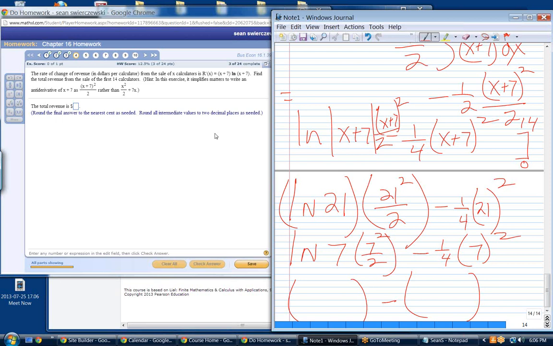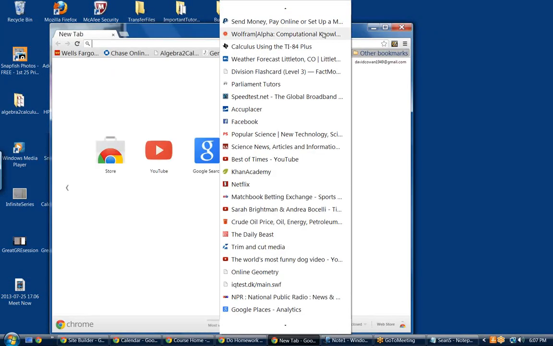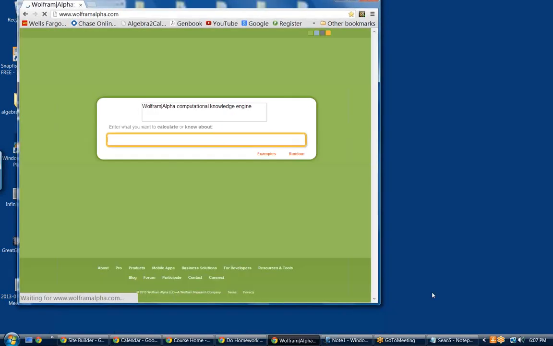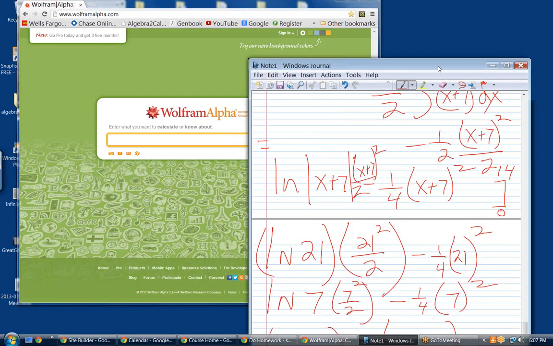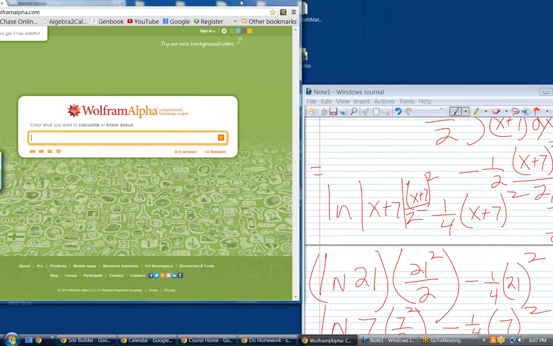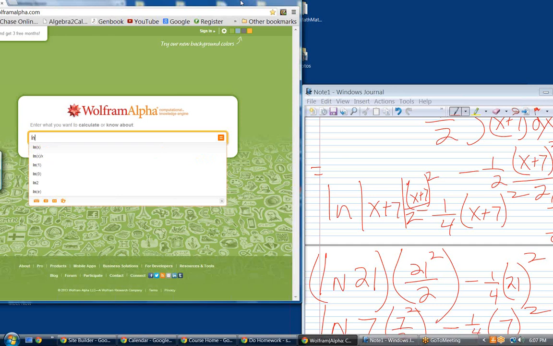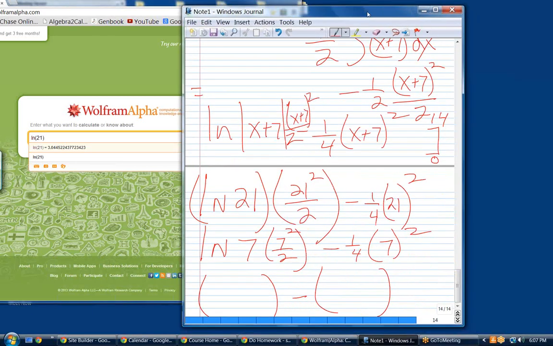I can give it a go on Wolfram Alpha if you want. Yeah, you might as well try while I'm doing it. Okay, so I got 561 and change for the left side.